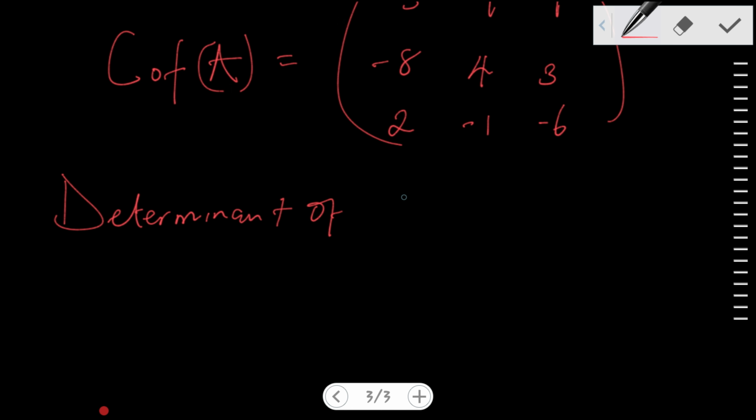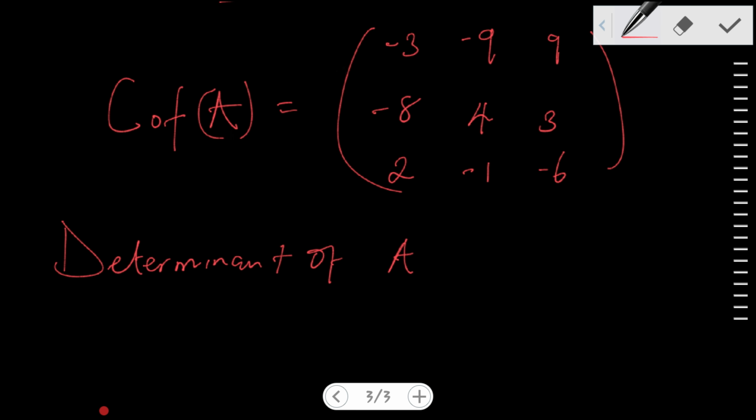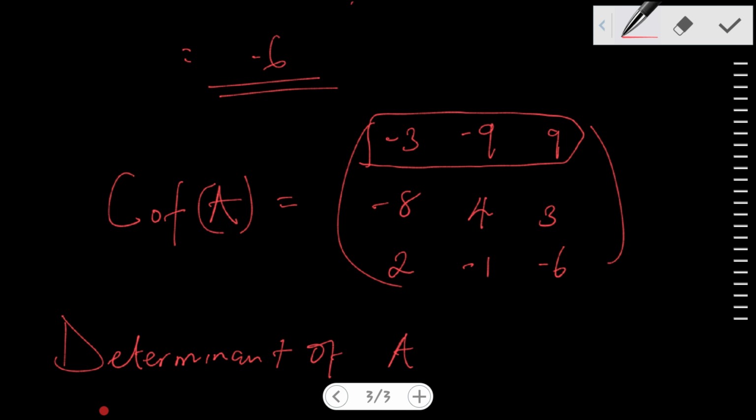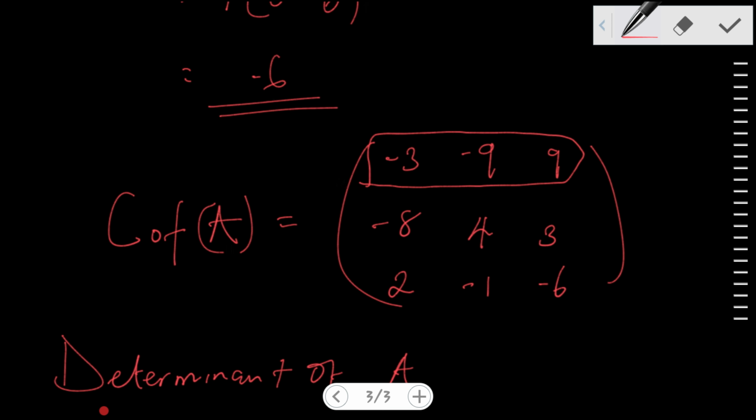Now for me to get the determinant of A, what I can do is get the first cofactors from this, right? These are the cofactors, the first ones in the first row. Now I multiply them by the elements of the original matrix in the first row.